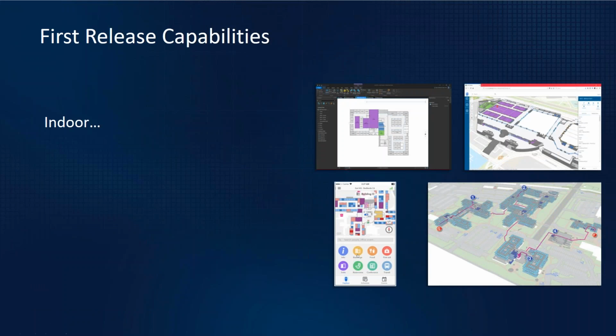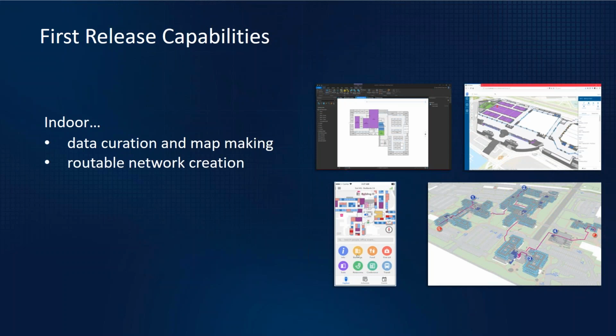At the first release, some of the initial capabilities that we are offering, the first is the ability to do indoor data curation and map making. So this is taking your CAD drawings, building a geodatabase with the ArcGIS Indoors information model and populating it to build floor plans. And then from those floor plans within the geodatabase, you can actually make indoor maps supported in the ArcGIS platform.